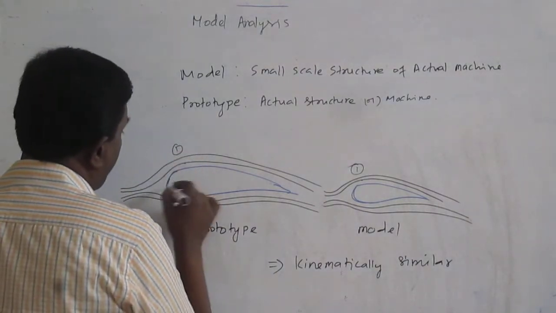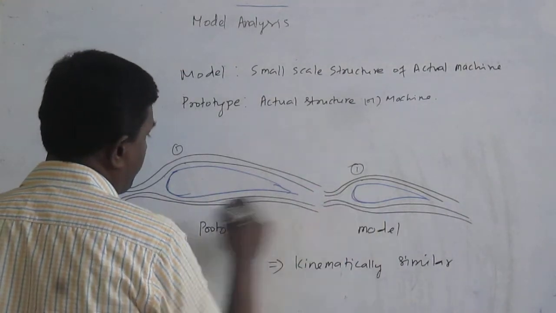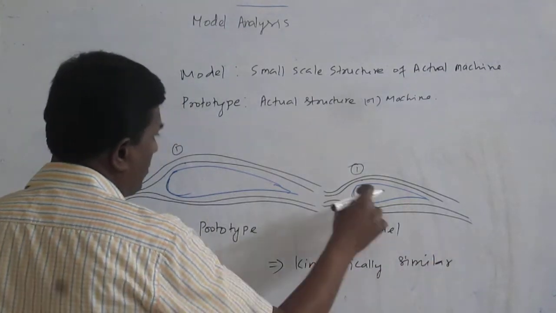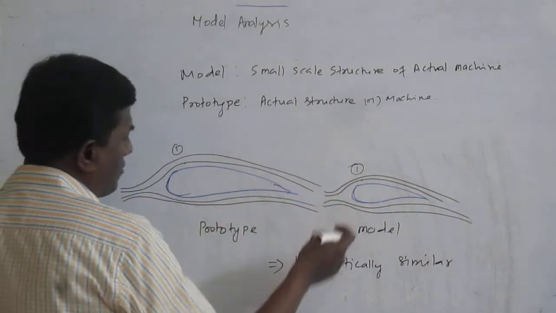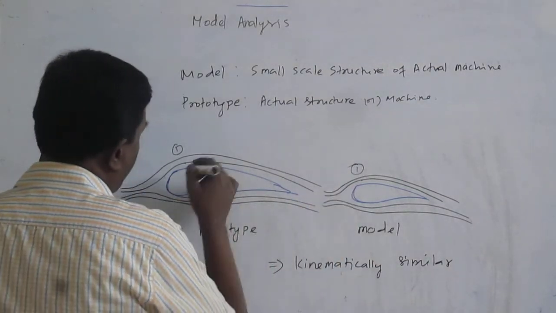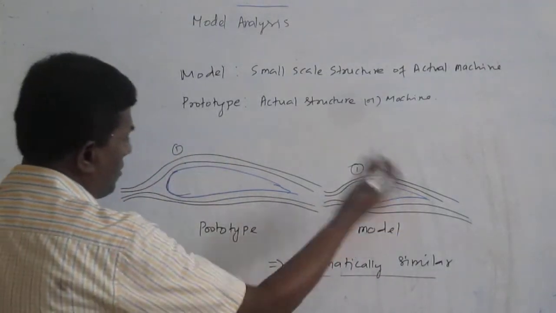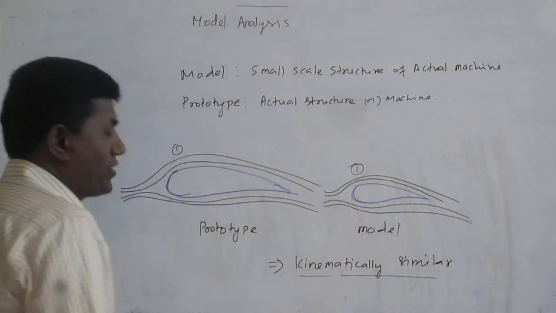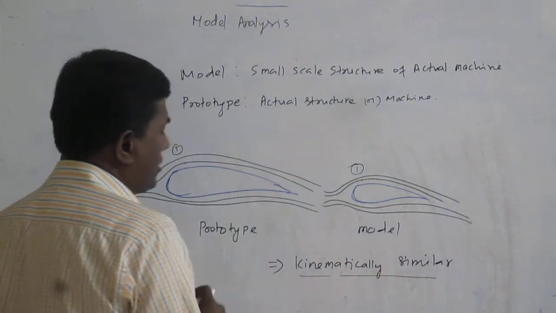So whenever we get this kind of relationship, then we call it kinematic similarity, which also has the geometric similarity. So whenever this condition exists, geometric similarity is also satisfied. Then we can say that kinematic similarity exists.